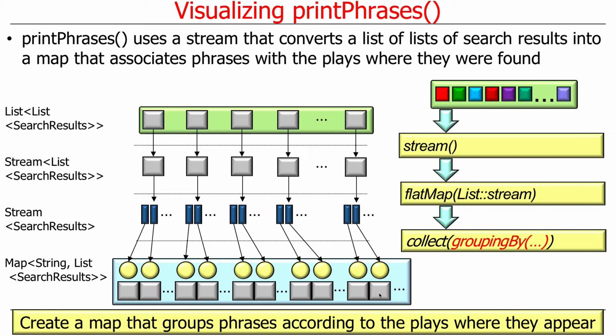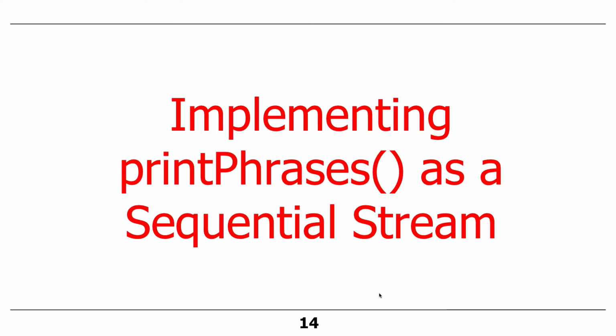So the map will be a mapping of string to list of search results. And so we're going to have the string be the name of the play or the name of the work, right? So Hamlet or Macbeth or whatever. And then there'll be a list of search results, which will be all the phrases that appeared in that particular work. So notice how we're rearranging things to get the results in the order that we want them to appear.